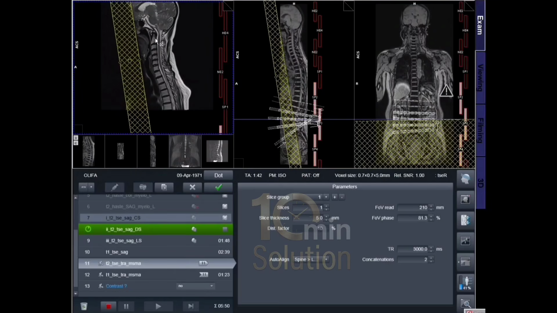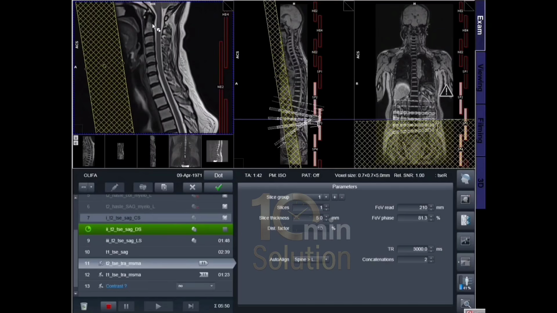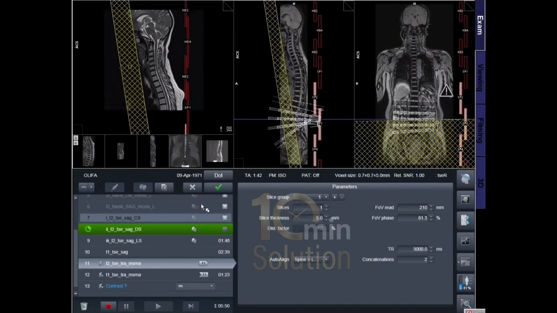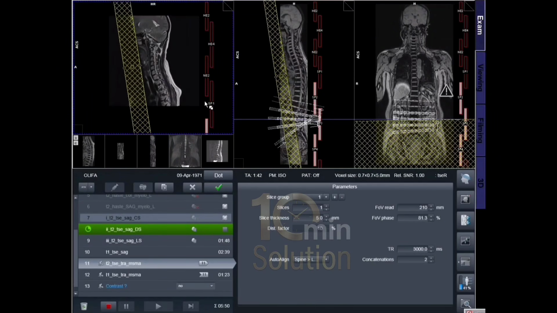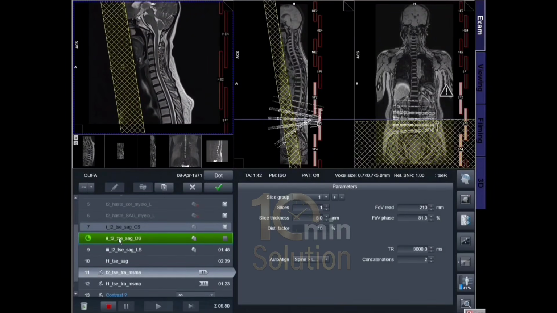Now atlas, axis, 2, 3, 4, 5, 6, 7. Now the next protocol is running. Look at the time showing here.